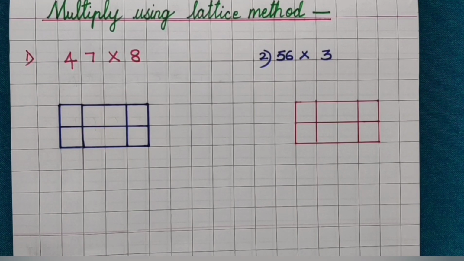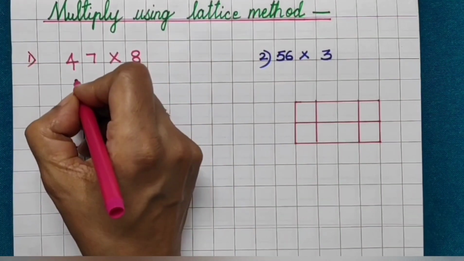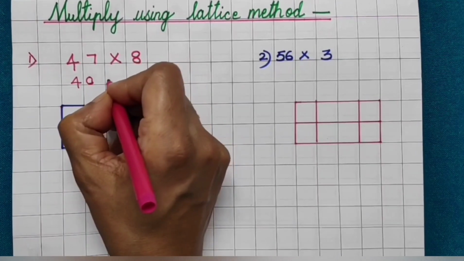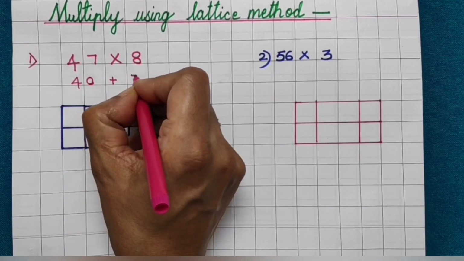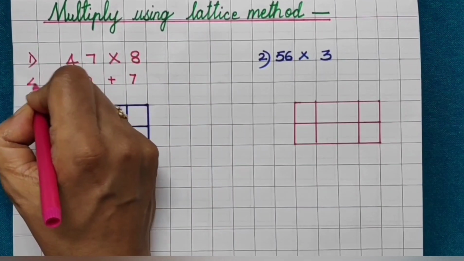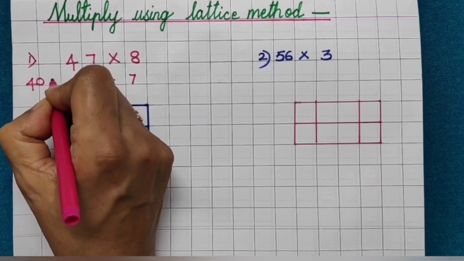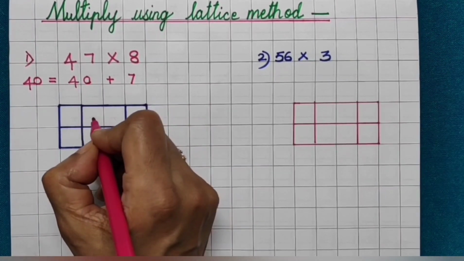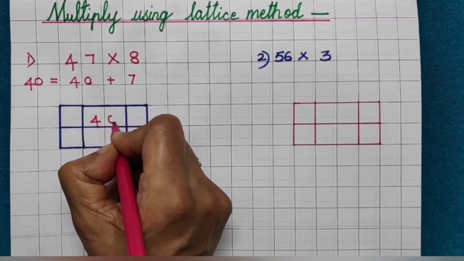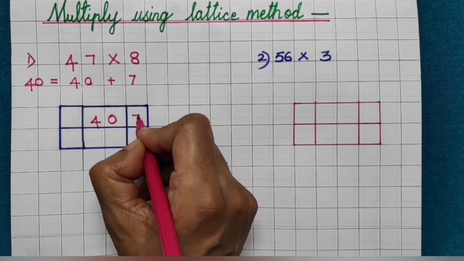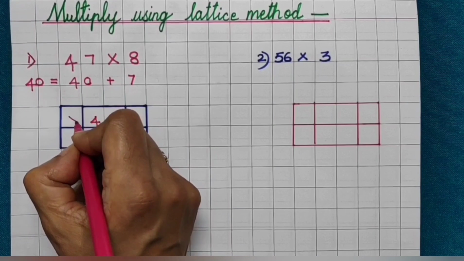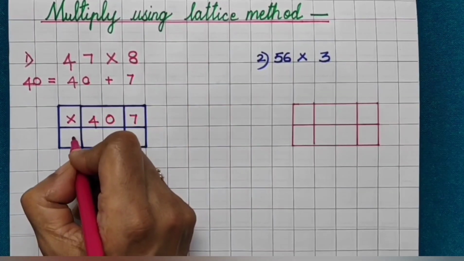Now the number 47, when you write it in the form of tens and units, 47 can be written as 40 plus 7. Correct? Now what do we do? We arrange 40 here and we write 7 here. So 47, you multiply it by what is the number? 8.